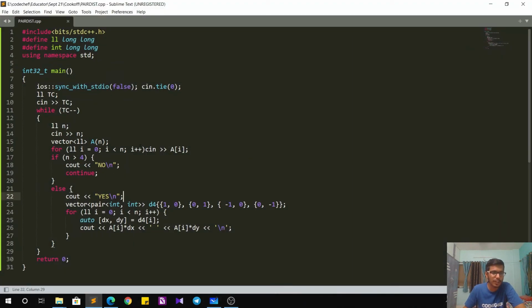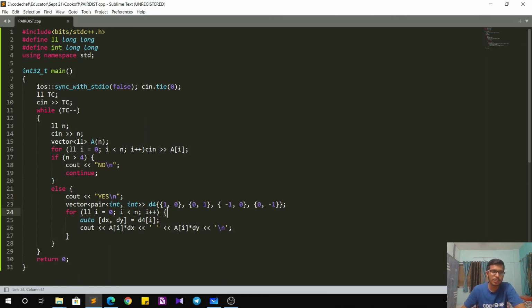The implementation looks as follows. We take the input for n, create an array, take the array input, and check if n is greater than 4. If n is greater than 4, straight away output no, else first output yes. Then there are these 4 directions present on the axis. I've just represented them in the form of pairs. You can pause and look for yourself why this is working. And then these are the variables x and y.